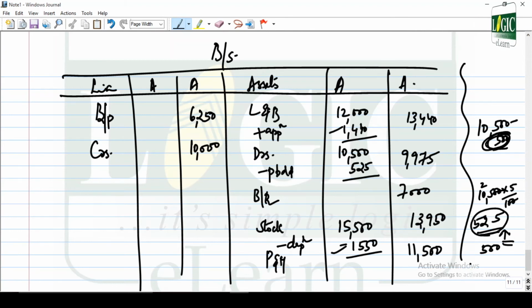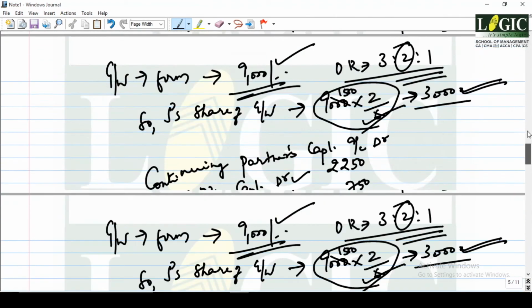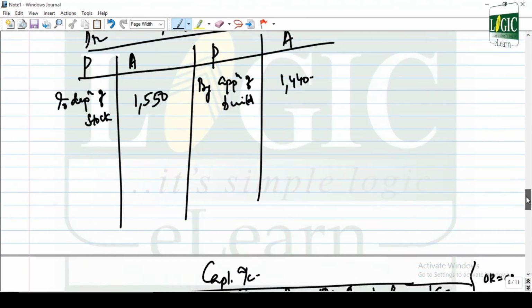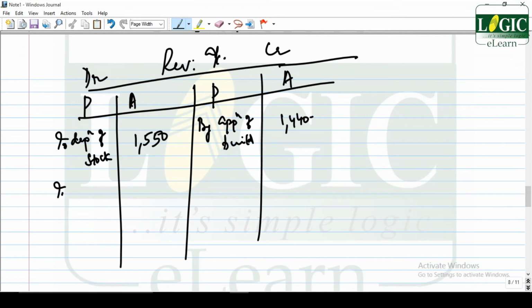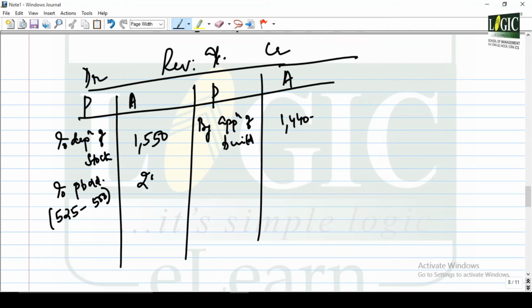All provisions are liabilities, so the increase in liability goes on the debit side of the revaluation account. But mind it, it is not 525, it is provision for bad and doubtful debts 25. Now you posted it in 2 places.